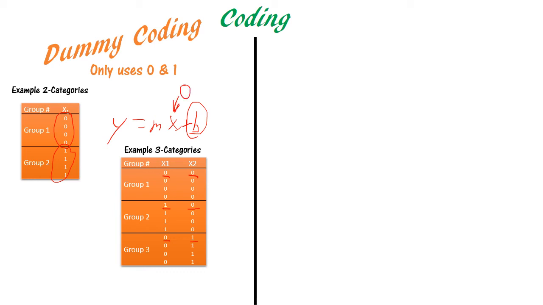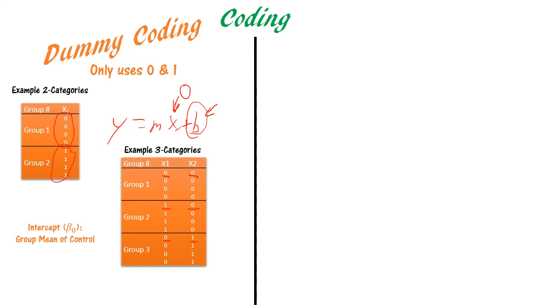When that x is 0, well then y just equals the intercept on a line like that. So in the case where we have a group that we set as 0, 0, when we're talking about group 1, that means our intercept, beta naught, or in the normal algebraic way, b, is going to equal the group mean of the control.